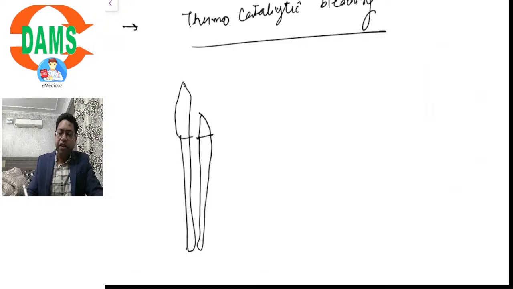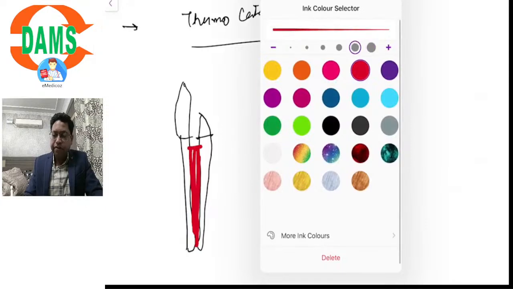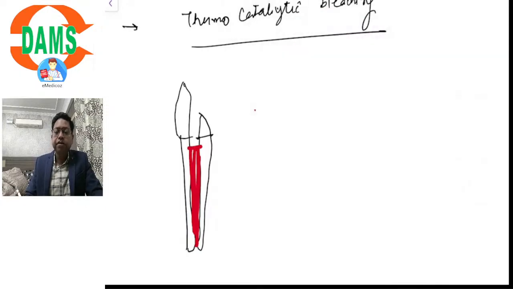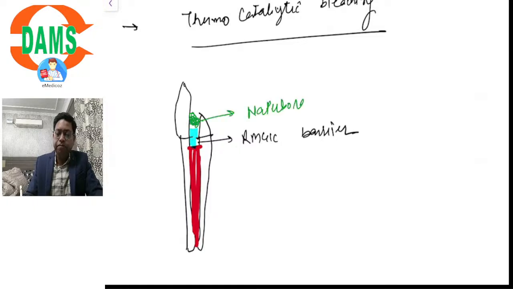Similarly, we would remove the obturation to 1 millimeter below the CEJ. Then on top of it, we would apply an RMGIC barrier, a similar barrier to the one we have already seen. Then we would mix sodium perborate with saline and pack it into the pulp chamber.